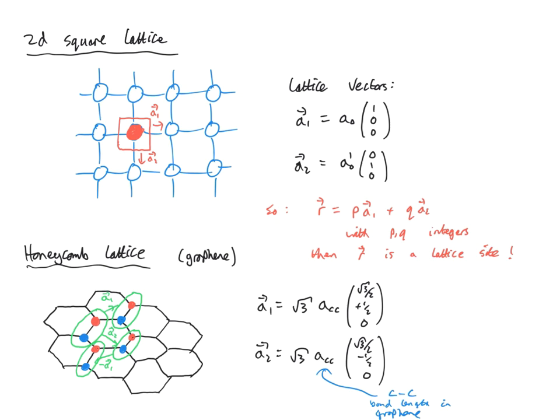I could also think of distorted systems where maybe the length along A1 is different from the length along A2, but at least for graphene, it's a pristine hexagonal lattice as drawn like this. So this is the way in which you generate these systems with unit cells that are a bit more complicated.